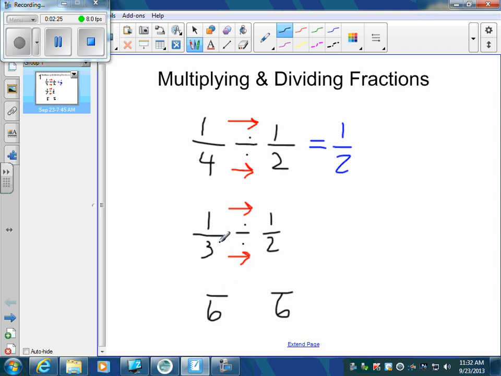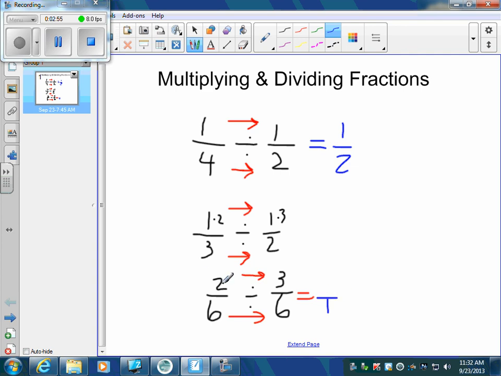And 3 times 2 is 6, so 1 times 2 gets me 2. 2 times 3 is 6, so 1 times 3 gets me 3. Now my denominators divide. So my denominator is going to be 6 divided by 6, which is 1.